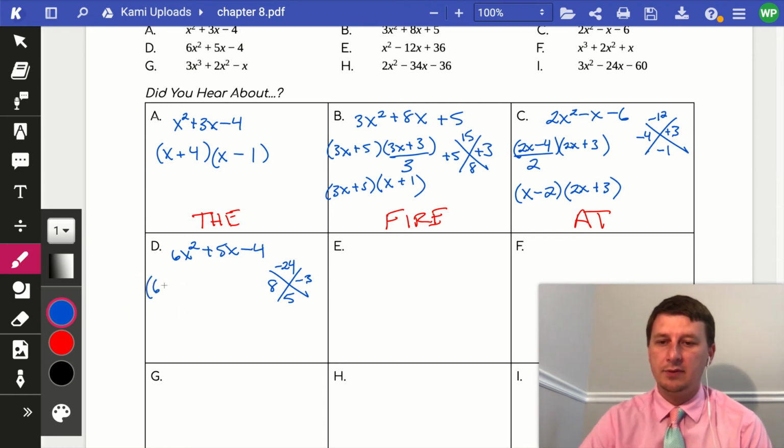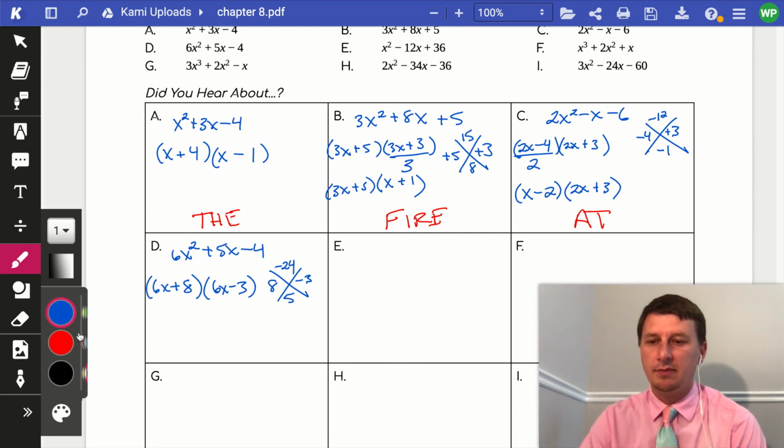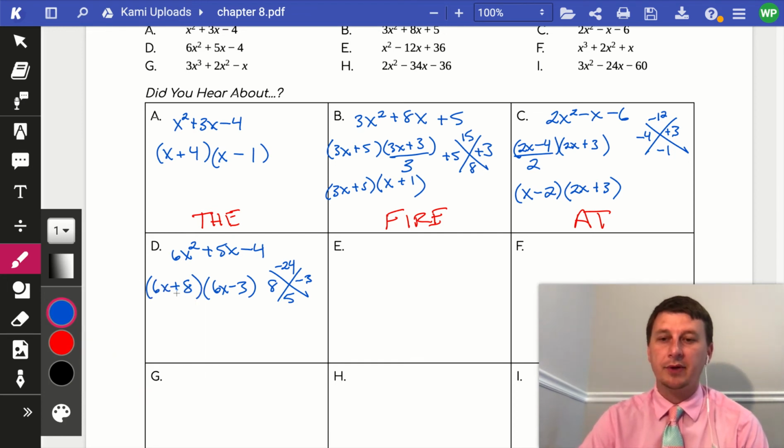I'm going to start off each parenthesis with a 6x with my AC method. And I'm going to have +8 and -3. Now, are either of these parentheses divisible by 6? The answer is no. So what two numbers multiply to 6, I ask myself? 3 and 2. Is one of these parentheses divisible by 2 and one divisible by 3? And yes, this one is divisible by 2, this one by 3.